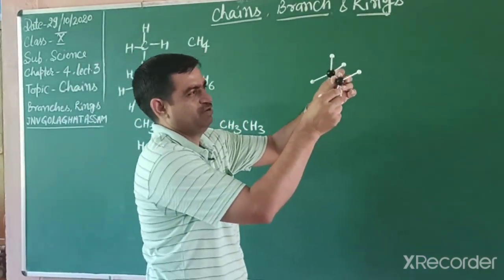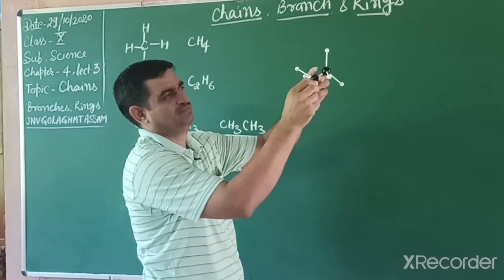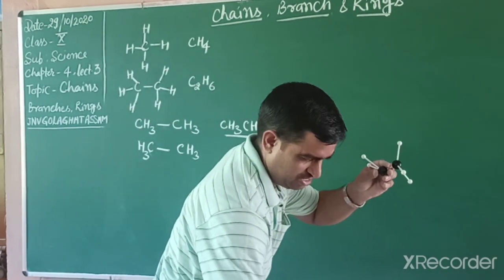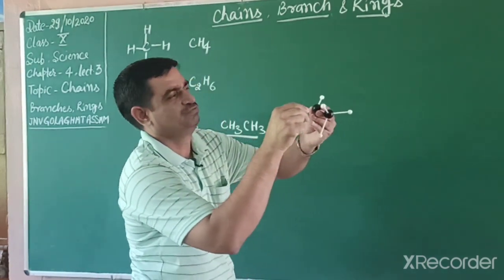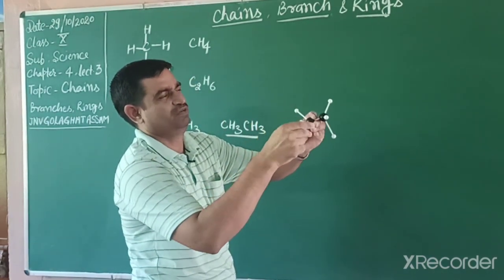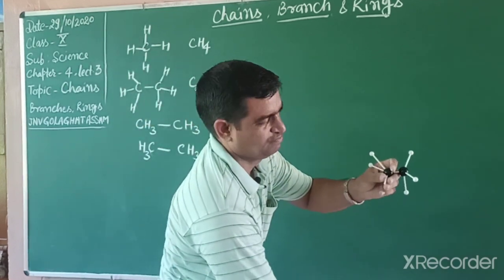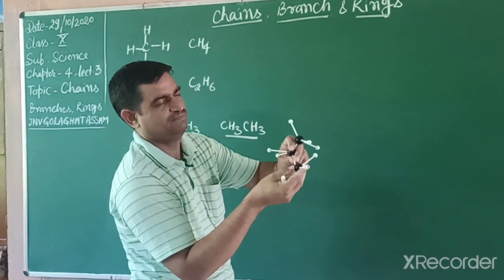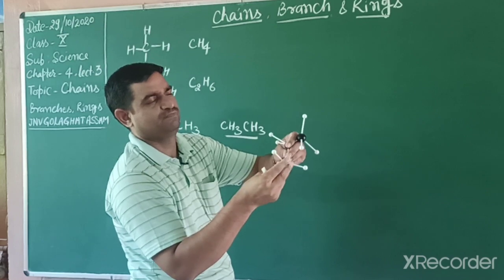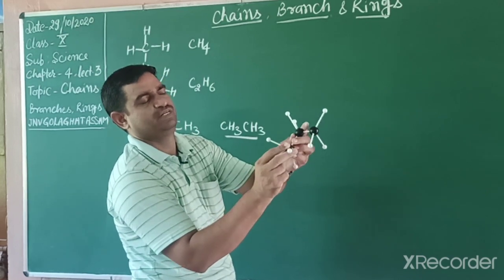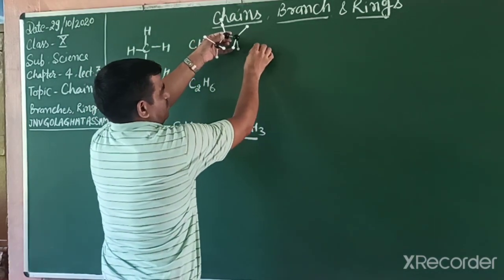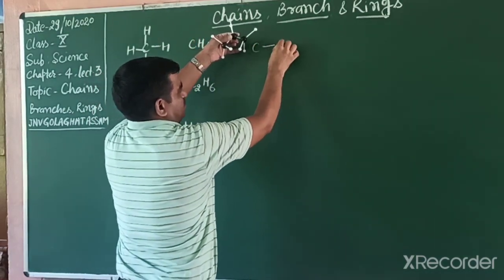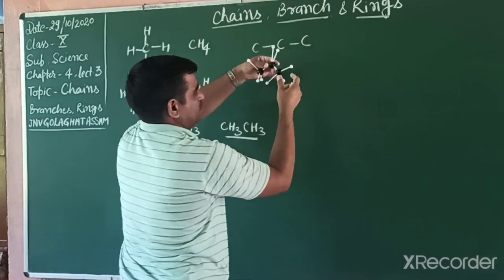So now I remove any one, and it can attach to one more carbon. Students, I can represent like this: 1, 2, 3.